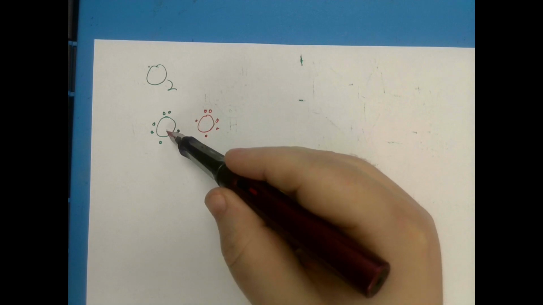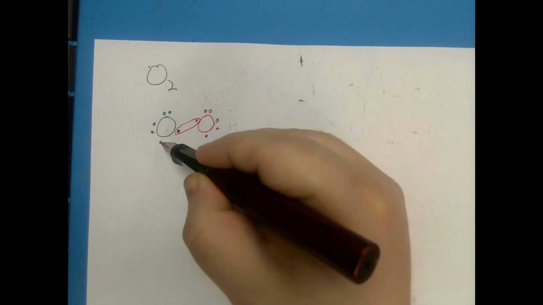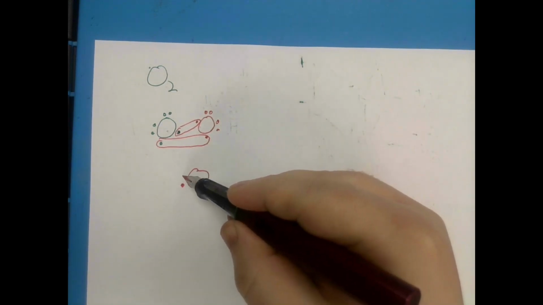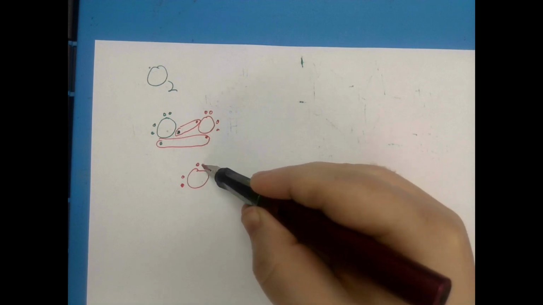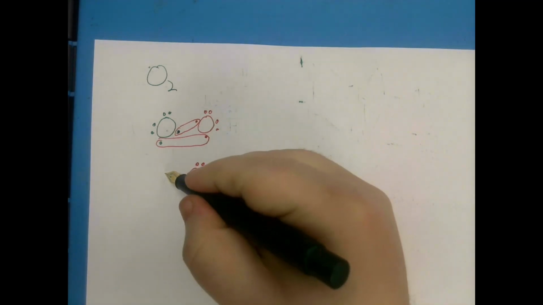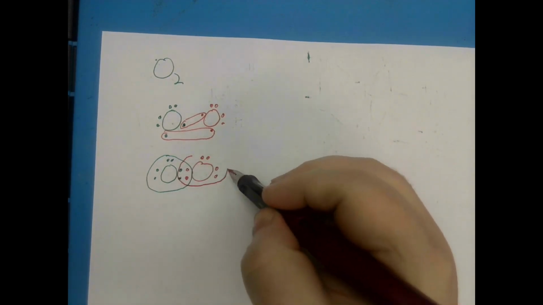This oxygen needs how many? So these 2 electrons are going to be shared. So you can see this oxygen now has 8, and this oxygen now has 8. So they're happy. So I have 2 pairs in the middle.